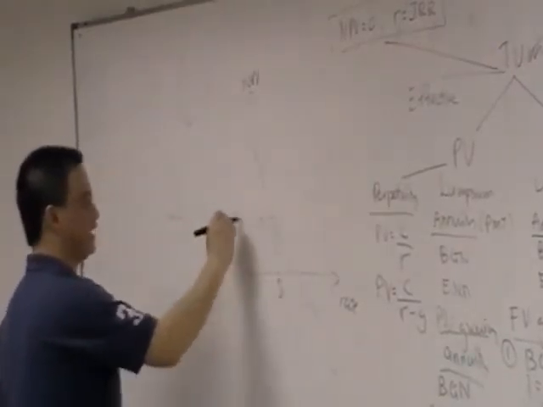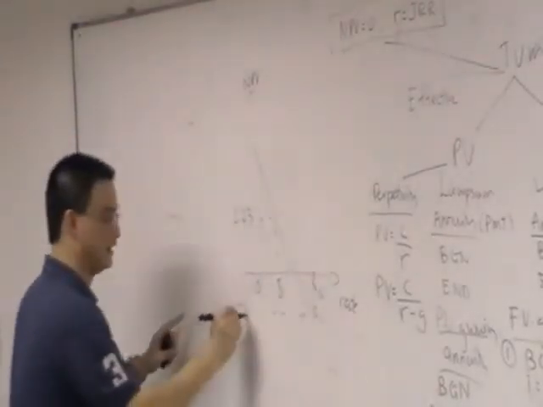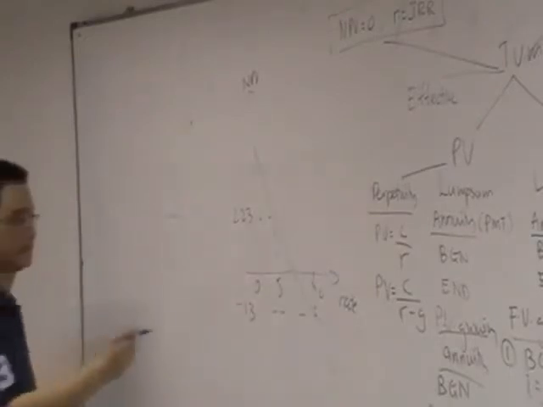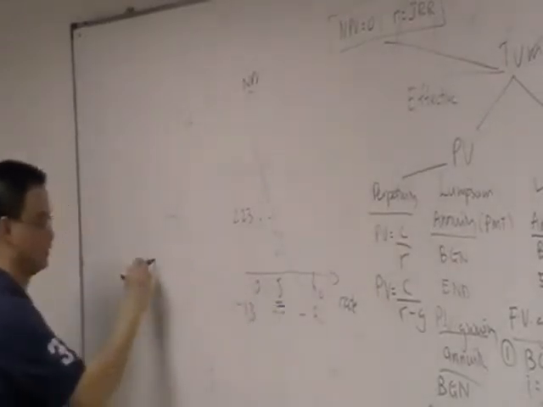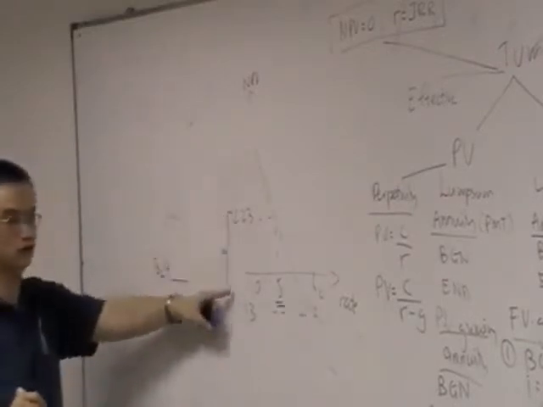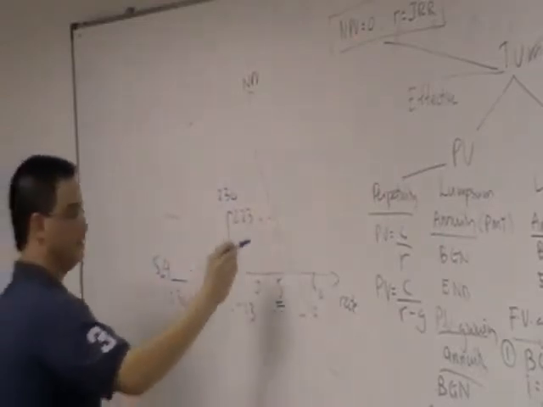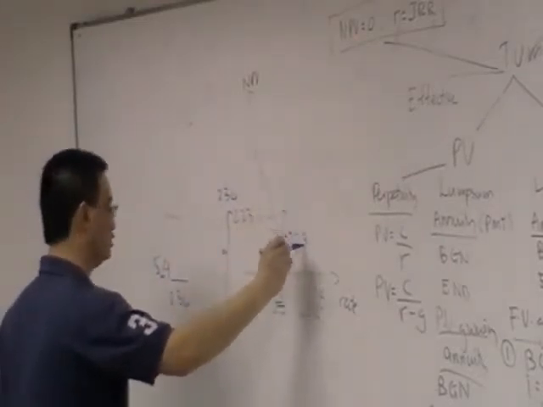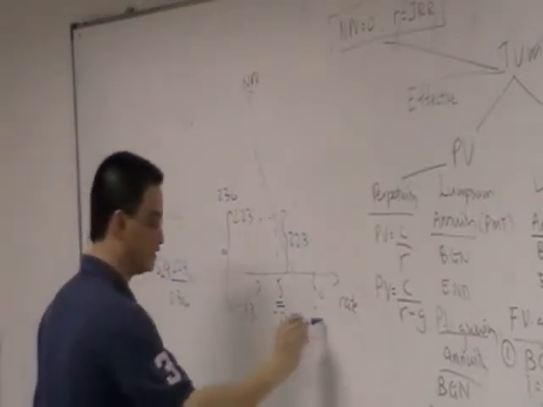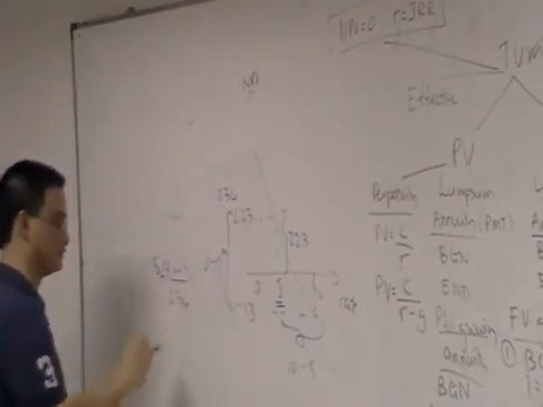Now, 5% is 223, and then 10% we find is negative 13. Interpolation is like this. We start with 5% plus, what is the gap? 223 to negative 13 is 236, and 0 to 223 is 223, times the difference, 10 minus 5.